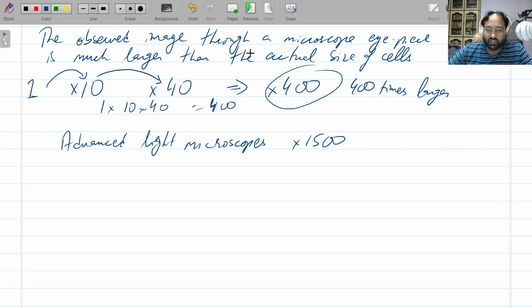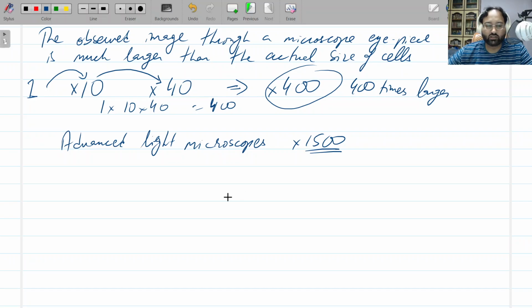Now, the interesting thing is that despite going up to 1500, the finer features still cannot be observed. There's something called the electron microscope that allows scientists to see the finer features of cells. It's not in your O level or IGCSE syllabus. That comes up in A level. So if you decide to do A level biology, we can talk about that then.